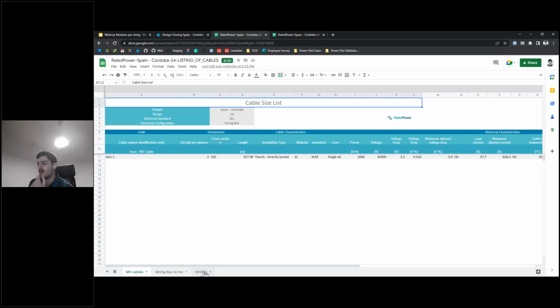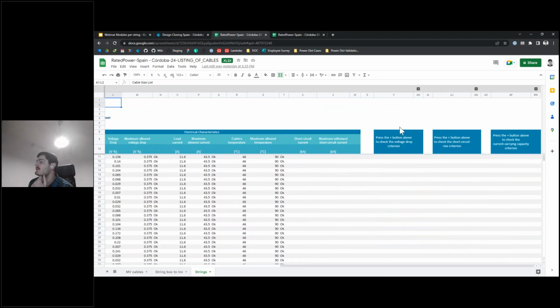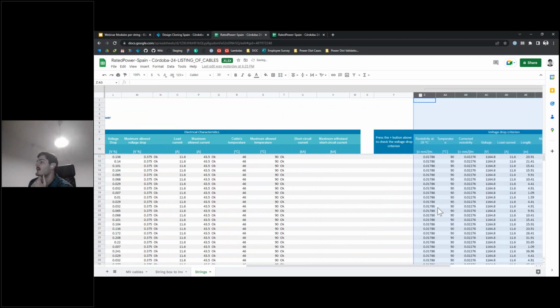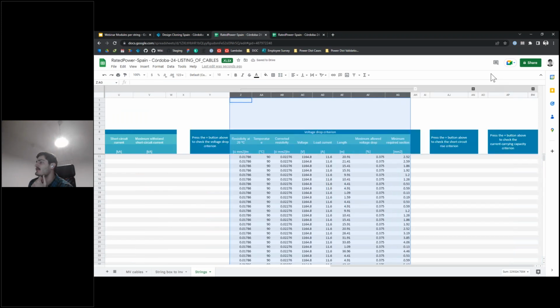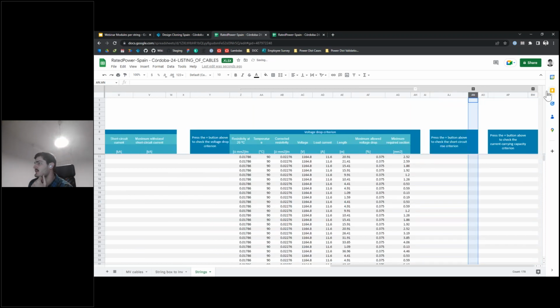And for each one of the cables, if I go to string cables, for example, we are going to find different sections for the 3 criteria that we consider.